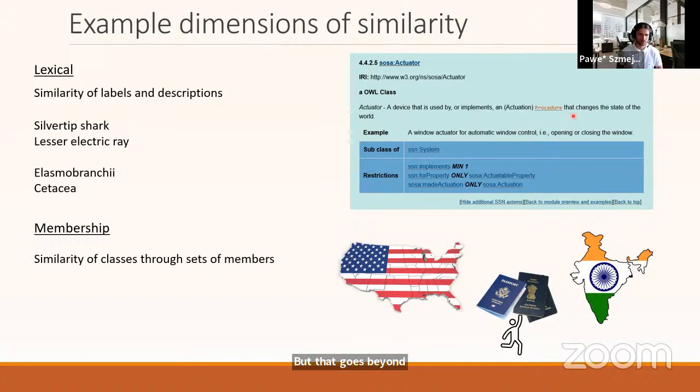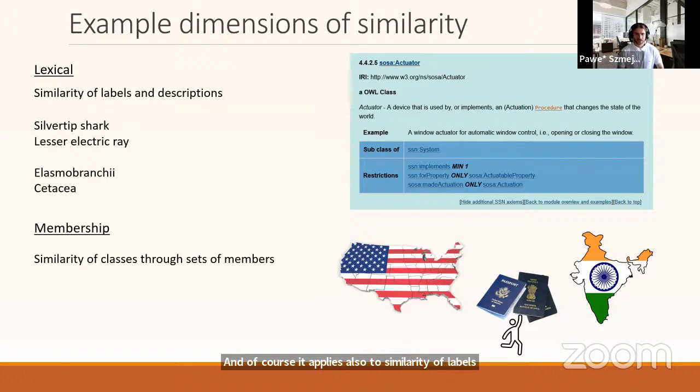So remember at the beginning, I said that knowledge needs to be contained in a single domain, and modeling an entire world goes beyond our domain of IoT systems. I hope you agree with that. So for that reason, the lexical dimension, so analyzing words and natural language, is a separate dimension even in ontology modeling. And of course, it applies also to similarity of labels and descriptions.